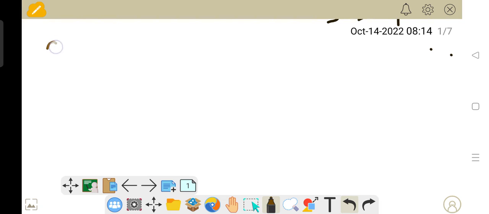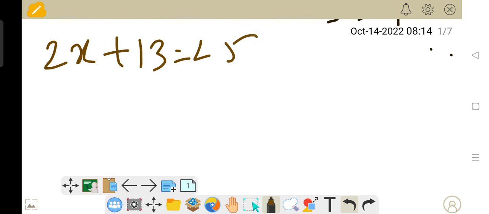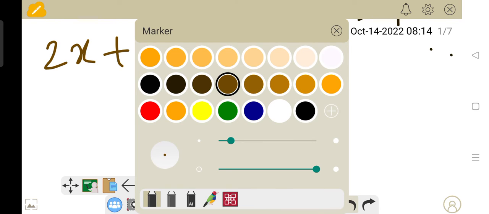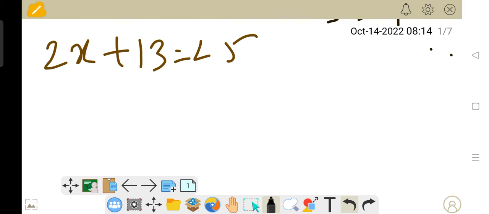Next one is 2x plus 13 equals to 25. They given this one. 2 into x means 2x, into means times.